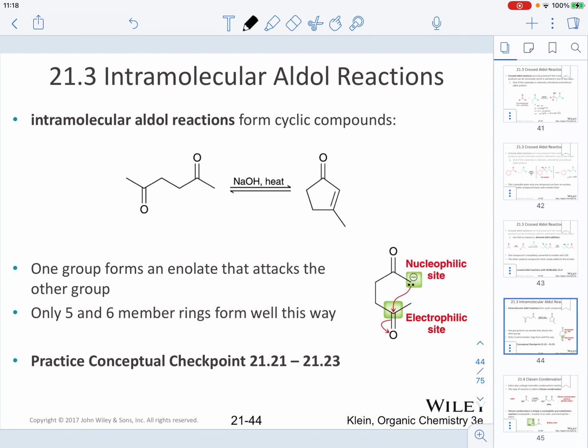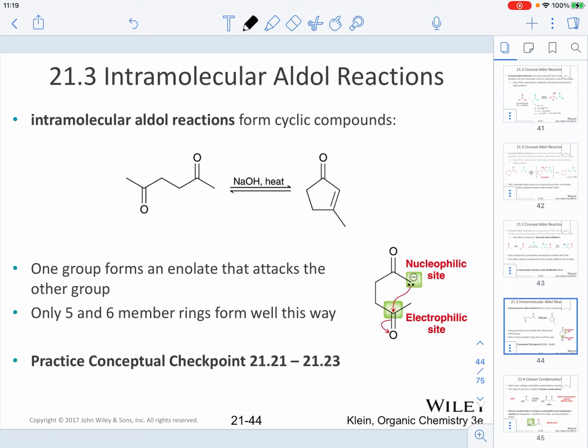Understand that aldol reactions can also happen intramolecularly. And when that occurs, they are going to be forming specifically cyclic compounds. In these reactions, understand that one group is going to form the enolate and is going to attack the other group. It is very important to focus on the second bullet point.